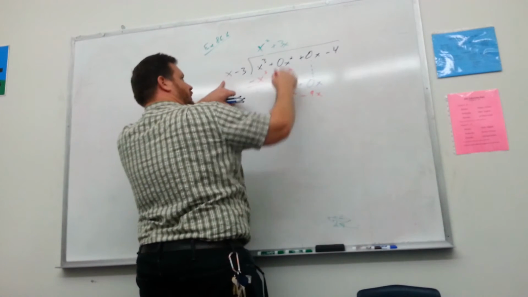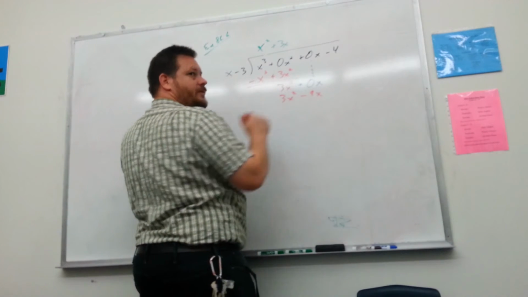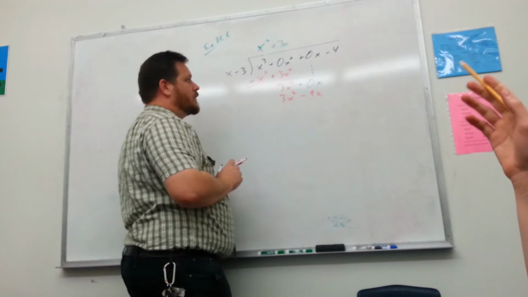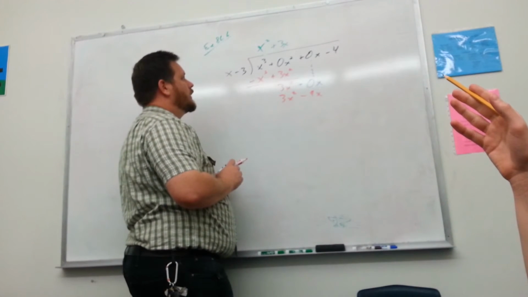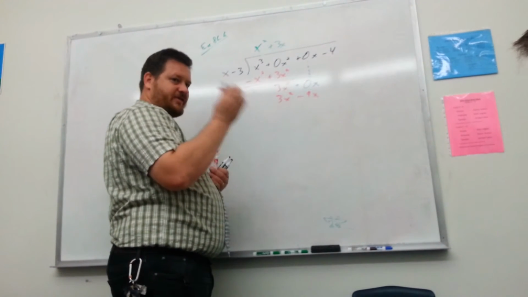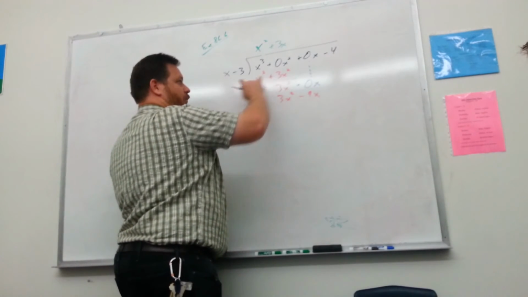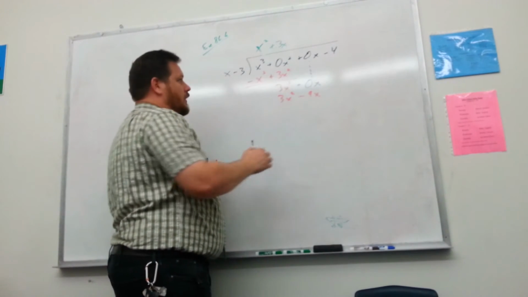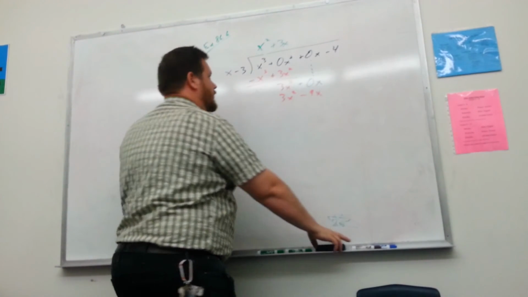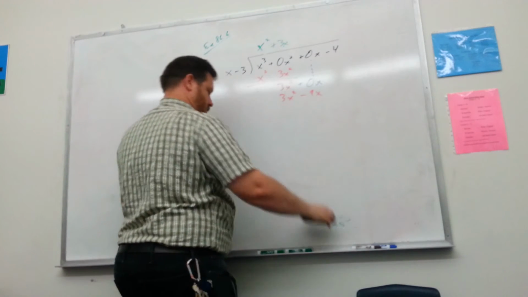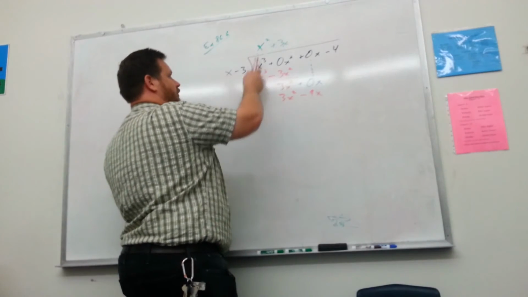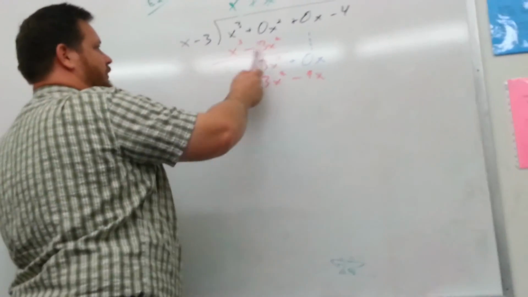3x times x is 3x squared. 3x times negative 3 is minus 9x. So why, when you multiply x squared and negative 3, is it not negative 3x? It was. But when I subtracted, I had changed both signs. I'm subtracting this whole thing. So what it was: x squared times x is x cubed, x squared times negative 3 is negative 3x squared.